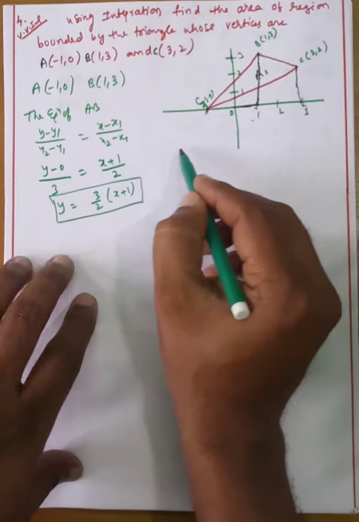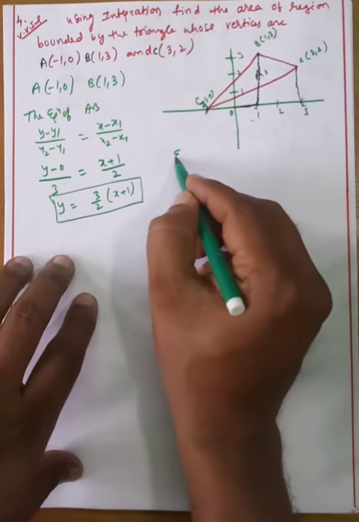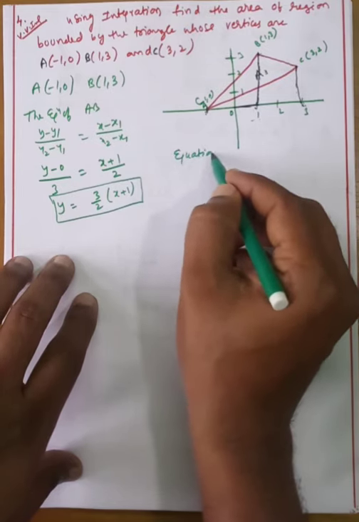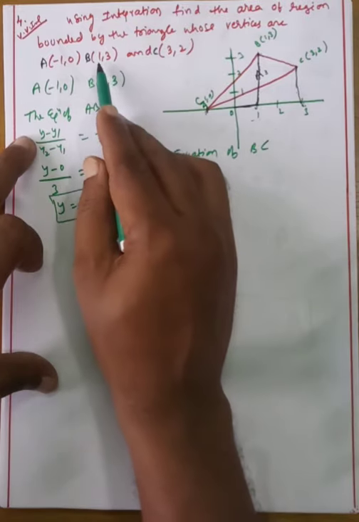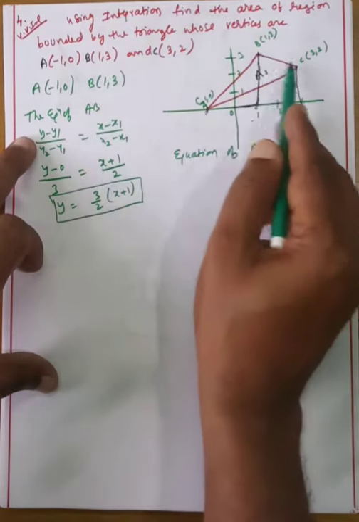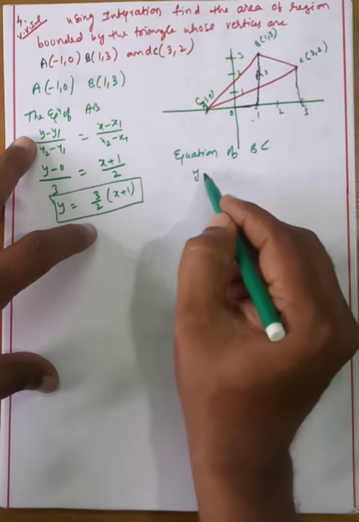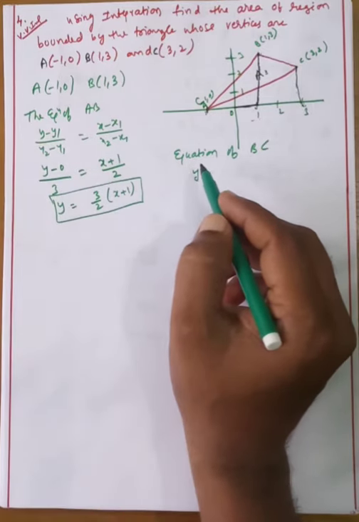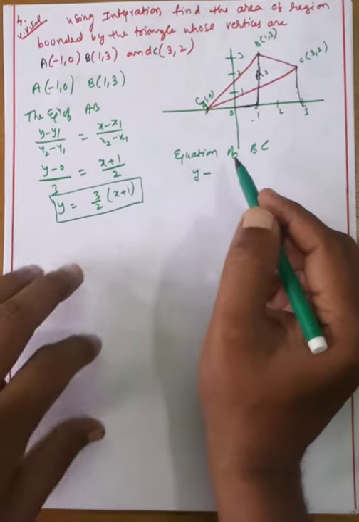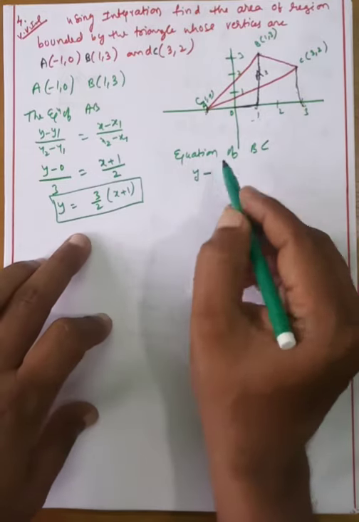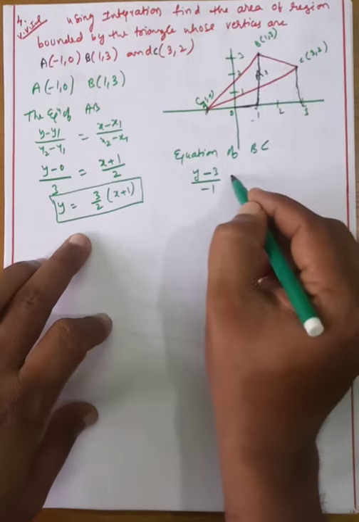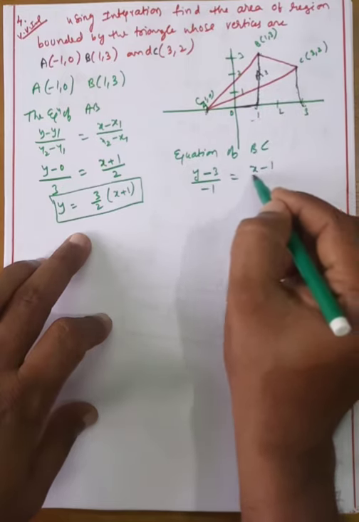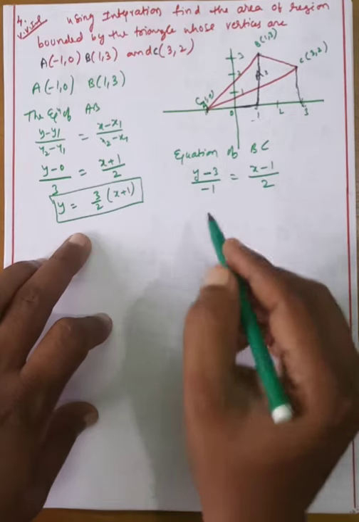Next I am going to the equation of BC. Equation of BC, same formula. Here clearly observe, y minus y1, y minus 3 by y2 minus y1, 2 minus 3 means minus 1, equal to x minus x1, x minus 1 by 3 minus 1 means 2.